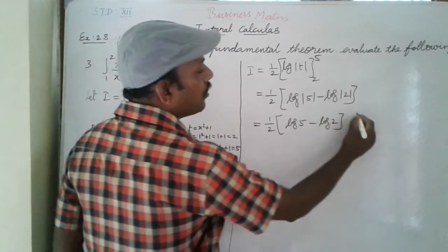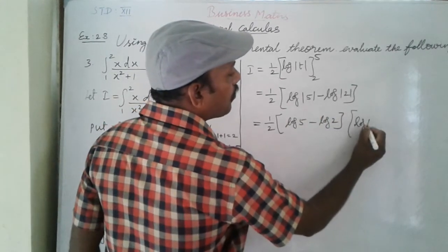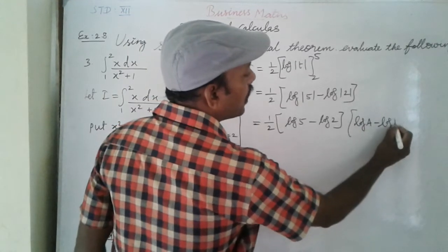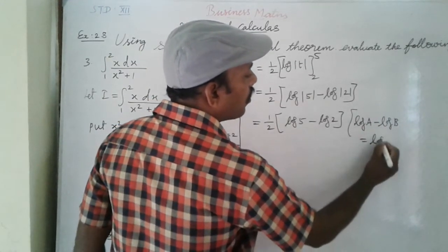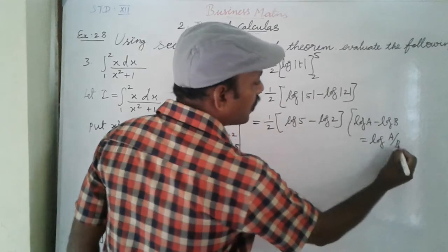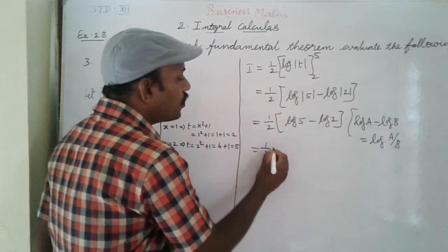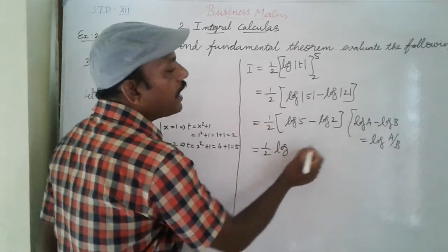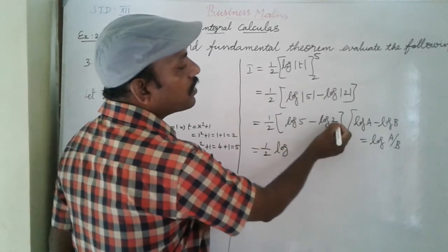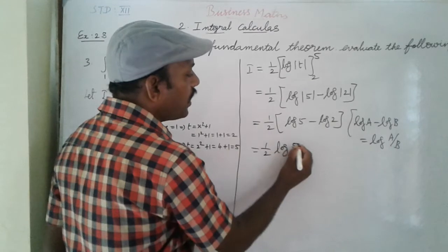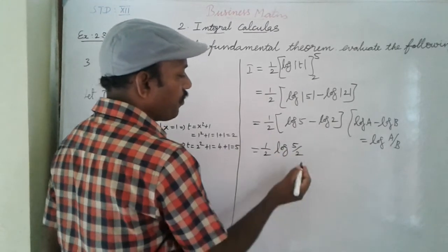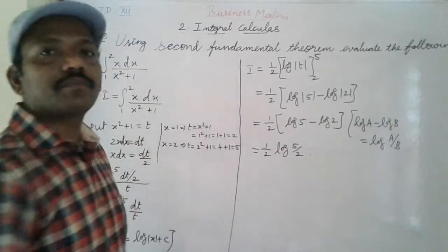We know the formula log a minus log b equals log a by b. So substituting, a is 5, b is 2, so 1 by 2 log of 5 divided by 2. That's all.